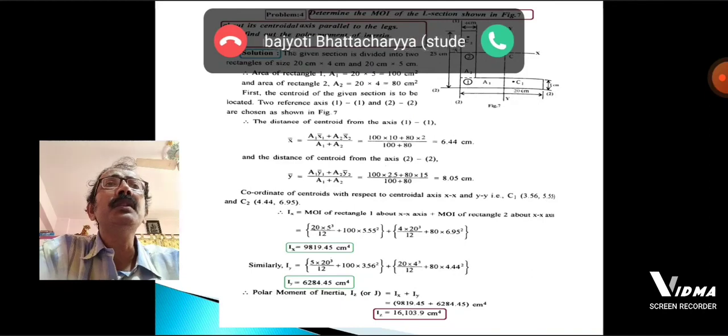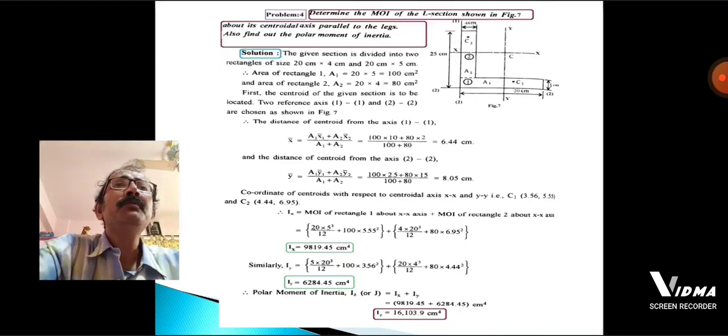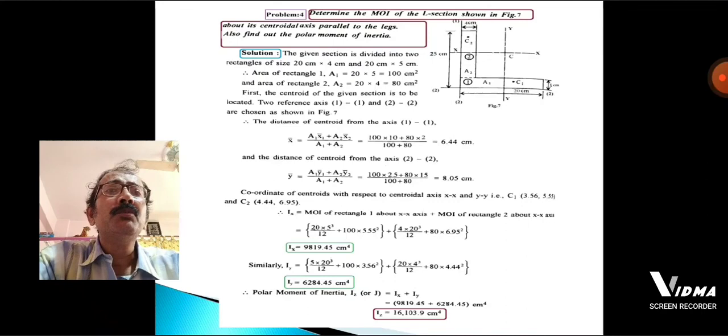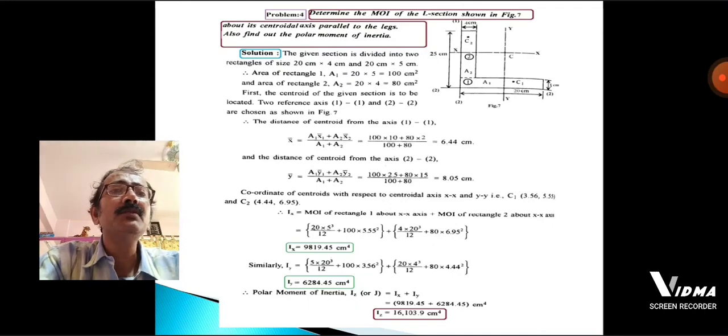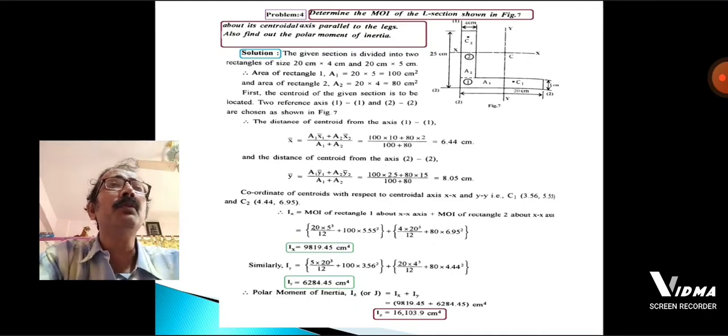Similarly I_y, putting the values, 5 into 22 cube by 12 plus 100 into 3.56 square, we will get I_y as 6284.45 centimeter to the power 4. Now the polar moment of inertia, I_z, is nothing but I_x plus I_y. So I_z is 10103.9 centimeter to the power 4.